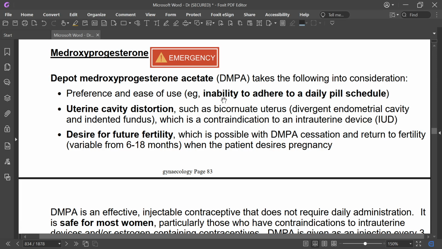If you don't want to take a daily pill, then you can use DMPA.